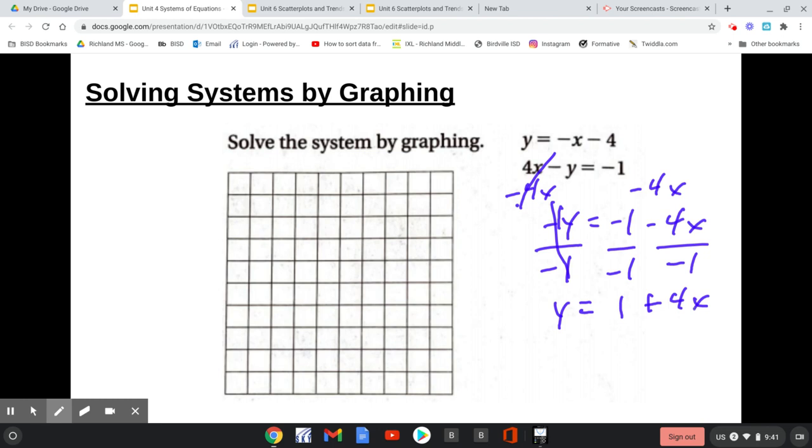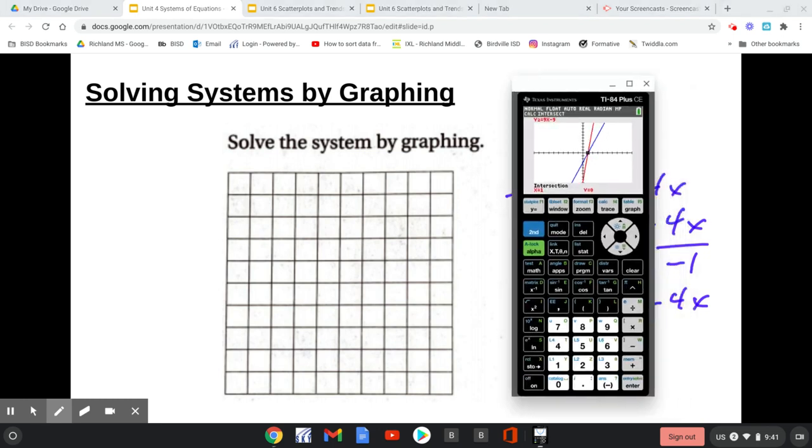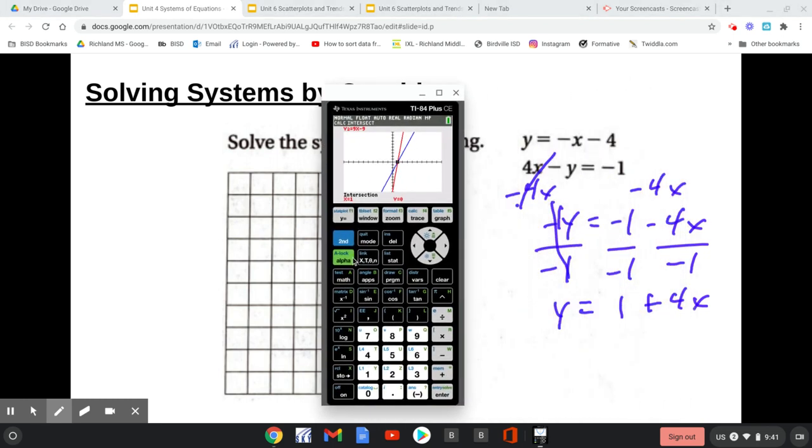Now we can put this in the calculator. So we're going to hit y equals, we're going to put negative x minus 4, enter, and then we're going to have 1 plus 4x. We're going to hit second trace.